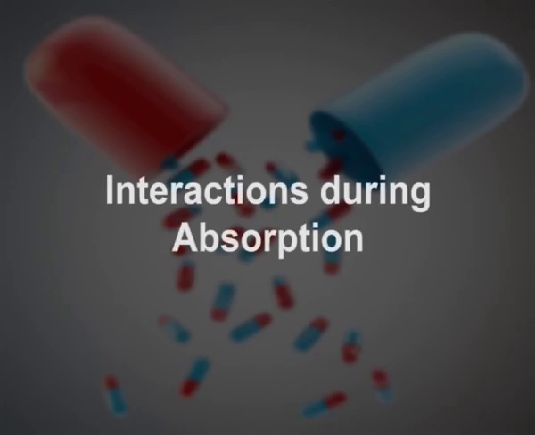Interactions during absorption. The rate and extent of drug absorption after oral administration may be grossly altered by other agents. Absorption of a drug is a function of the drug's ability to diffuse from the lumen of the gastrointestinal tract into the systemic circulation.